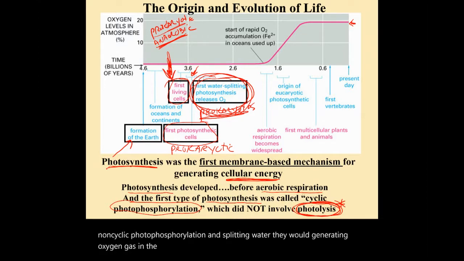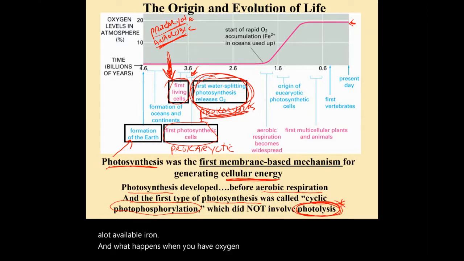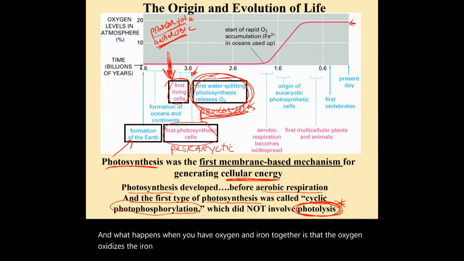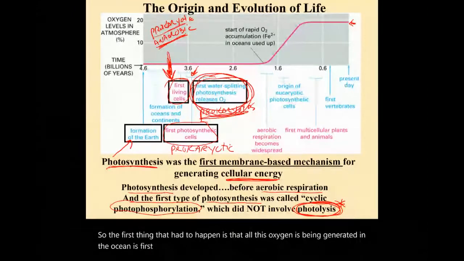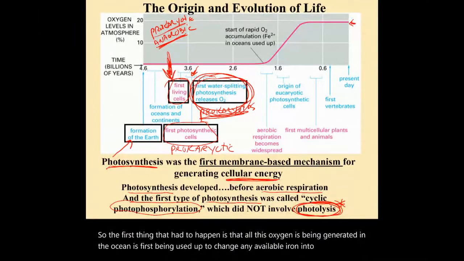And in the ocean, because it was the early Earth, the Earth's crust had a lot of available iron. And what happens when you have oxygen and iron together is that the oxygen oxidizes the iron and turns it into iron oxide, turns it into rust. So the first thing that had to happen is that all this oxygen being generated in the ocean is first being used up to change any available iron into iron oxide in the ocean.